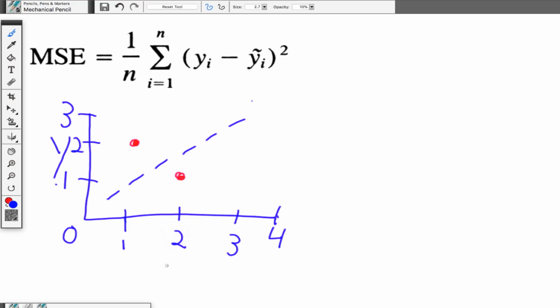All right, everyone. So what does all this mean? First off, I just want to show you that I've drawn out a very, very simple scatter plot with 2 points and a very simple Cartesian plane here, 1 to 4 on the x and 1 to 3 on the y. So what the mean squared error is, if we have this hypothetical regression line and this set of data, what all of this information is telling us is yi means the y coordinate for a sampled data point.